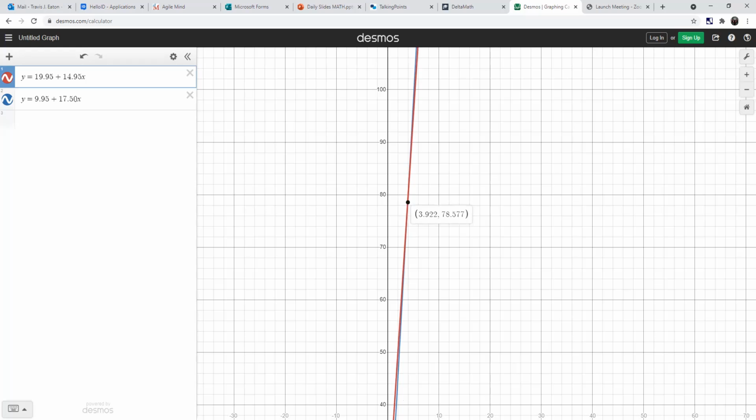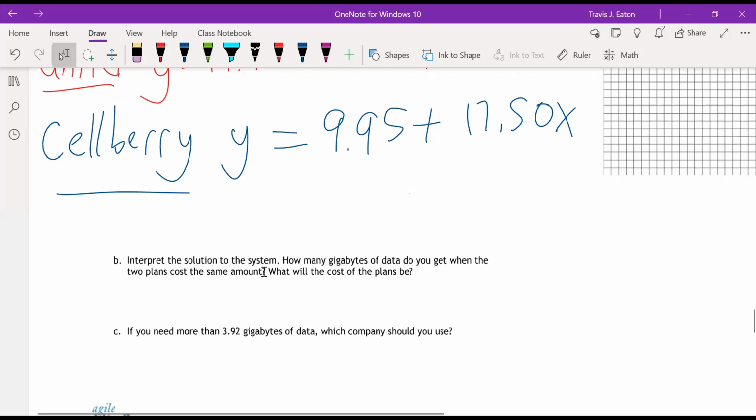Now this says, interpret the solution. How many gigabytes of data do you get when the two plans cost the same amount? So let me go back to the page here. Interpret the solution to the system. How many gigabytes of data do you get when the two plans cost the same amount?